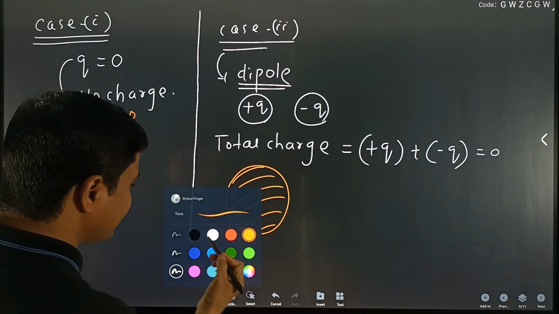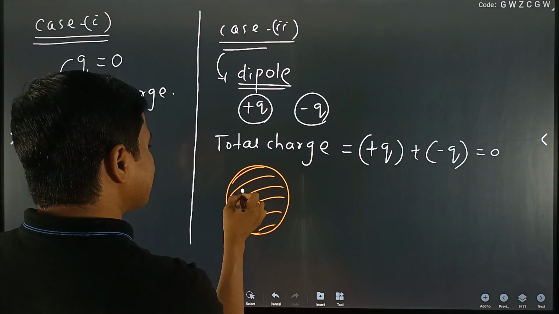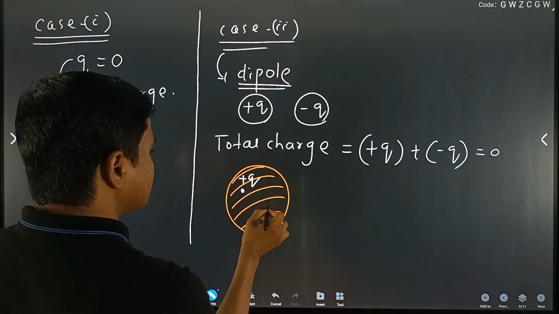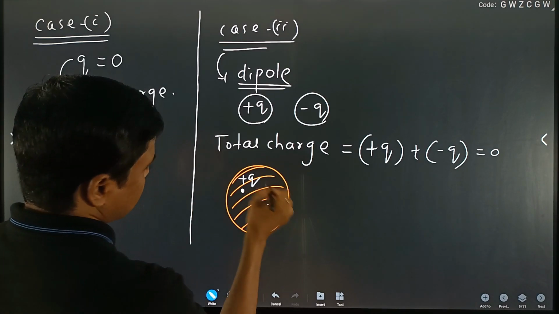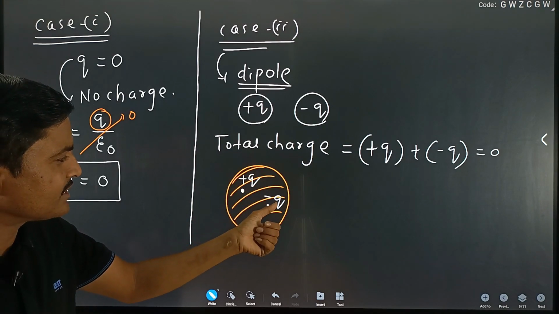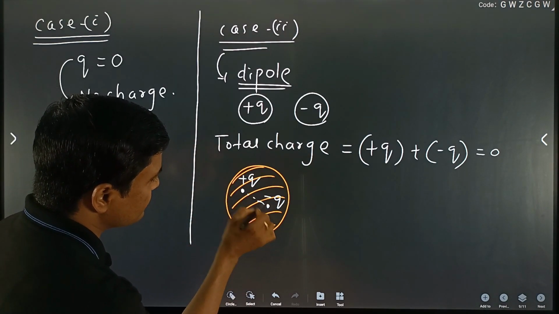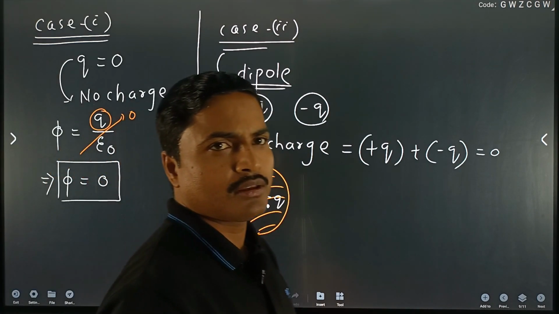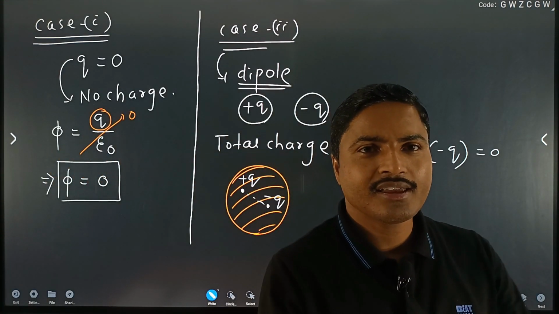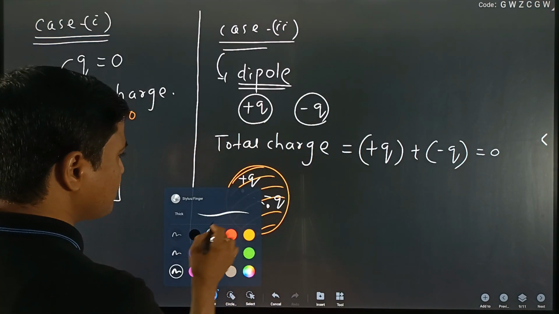And inside this closed surface, suppose two charged particles are there. One is plus q and another is minus q. This is known as the dipole because magnitudes are same, nature is opposite, separated by a distance. This is known as electric dipole. If an electric dipole is inside the closed surface, net charge is 0. So then what is the flux?